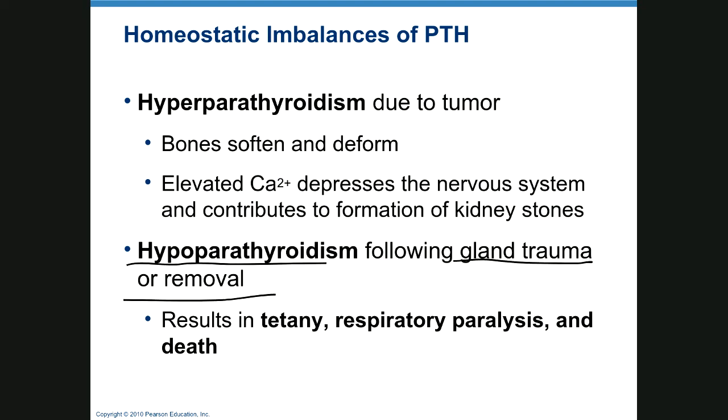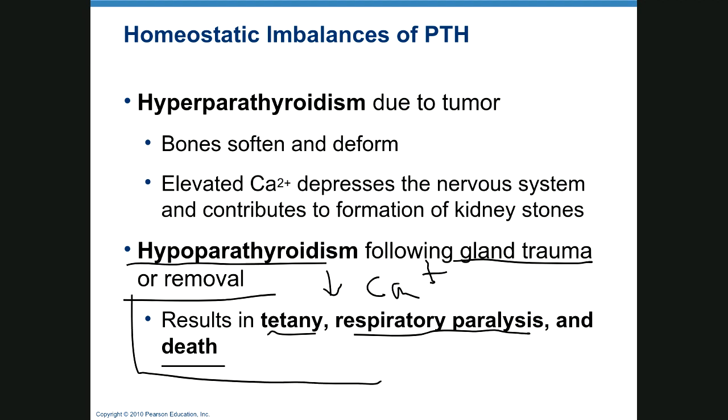So you're going to have a very low calcium, and extremely, extremely low calcium makes you die. Now, in the human species, it causes tetany, a spastic paralysis, respiratory paralysis, and death. Now, if you caught this human in this state and you gave them intravenous calcium, then it would reverse the problem.